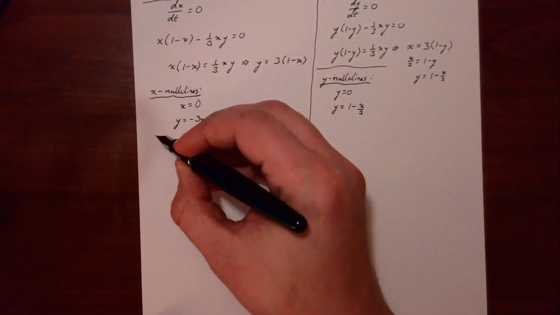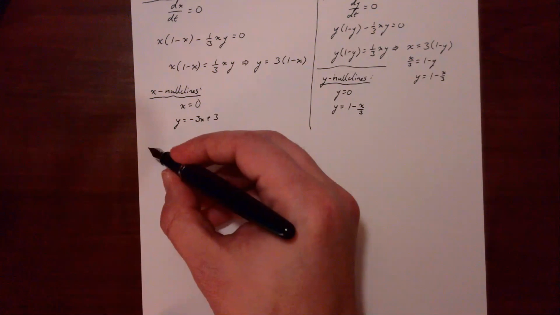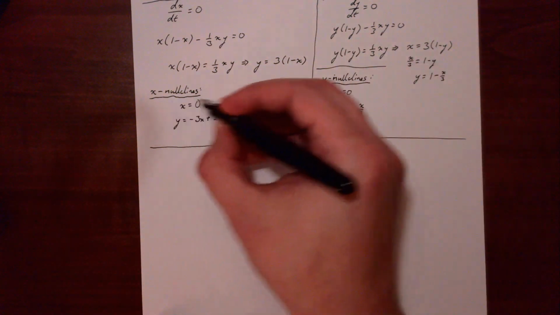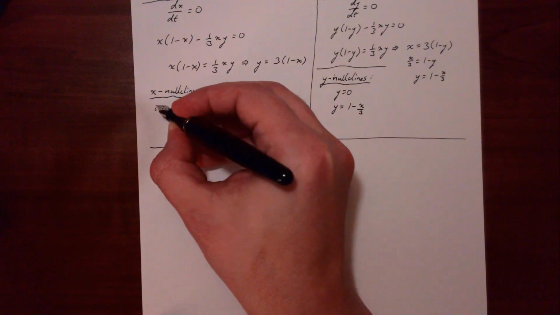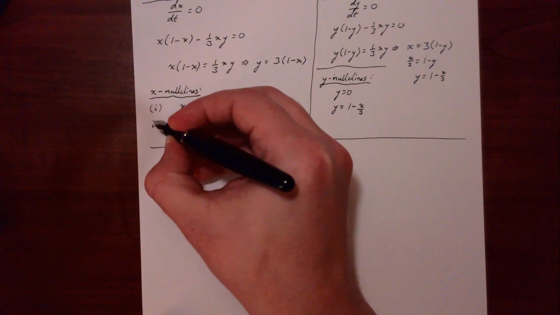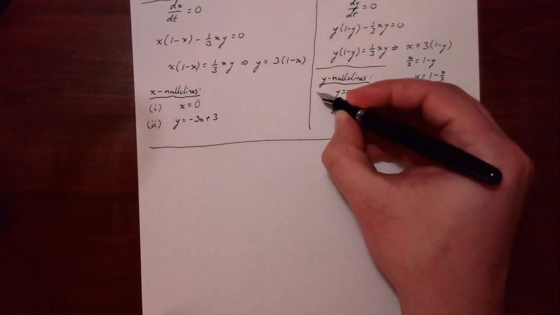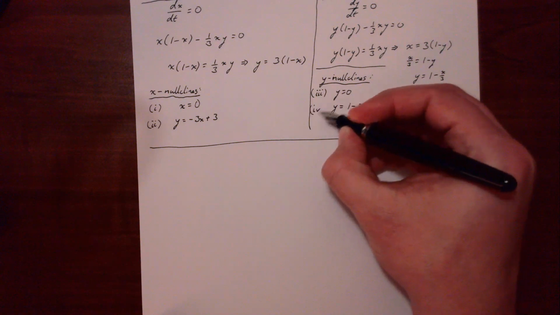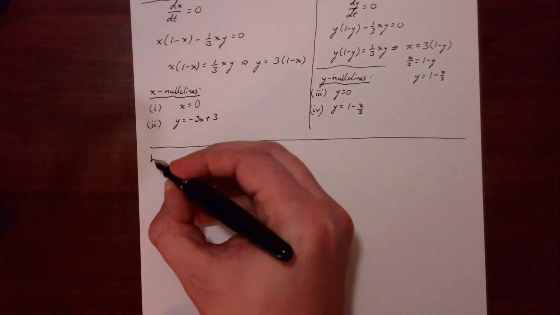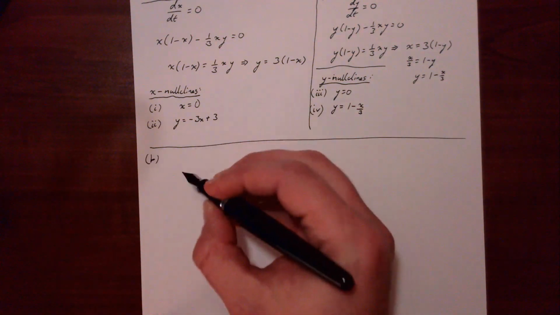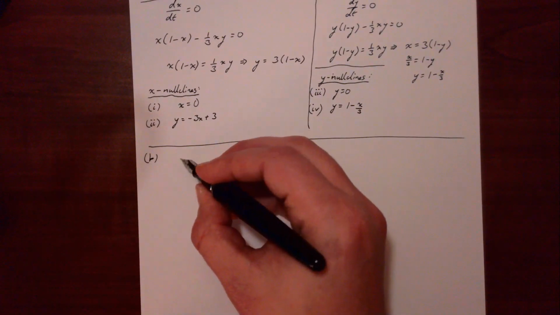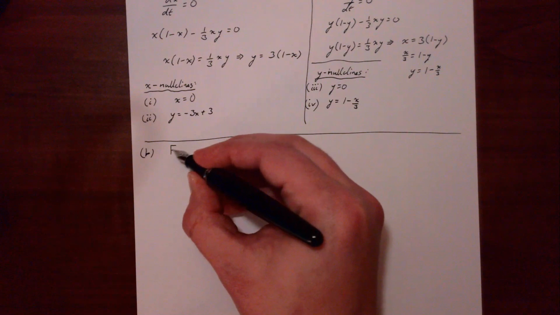All right, so be it. Now I'm just going to call this one nullcline 1, nullcline 2, nullcline 3, and nullcline 4. And now for part B, let's find the equilibrium values, or the equilibrium points.